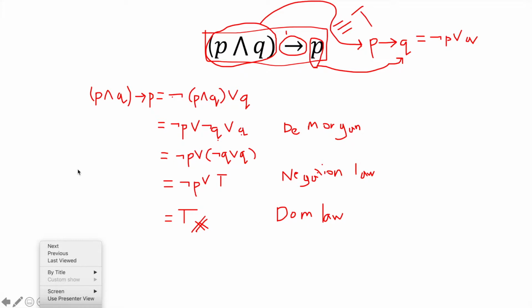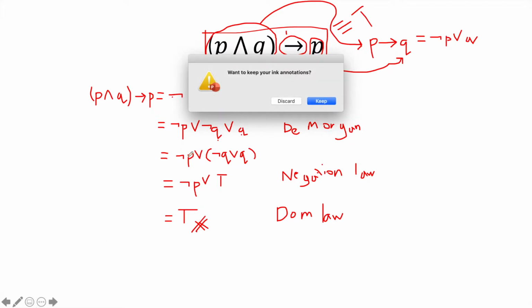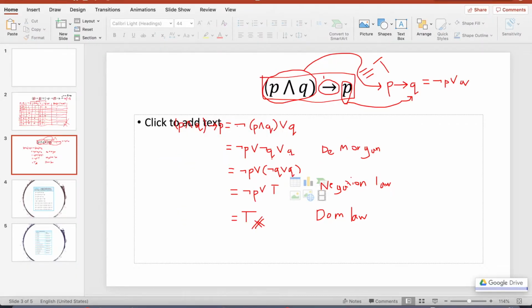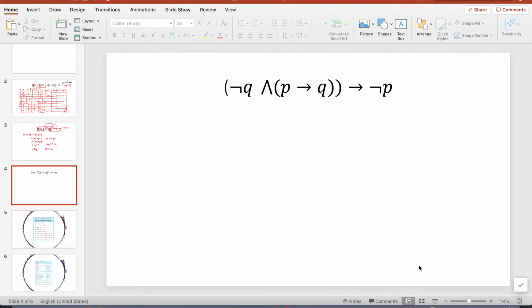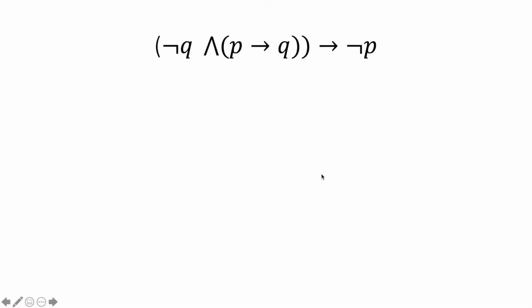So I skip question 2A and 2B because I think every one of you got both questions correct. All right. So in this question, I ask you to determine whether this statement is a tautology or not.